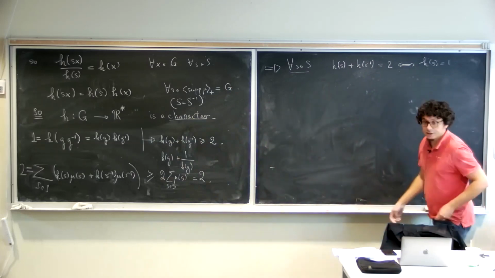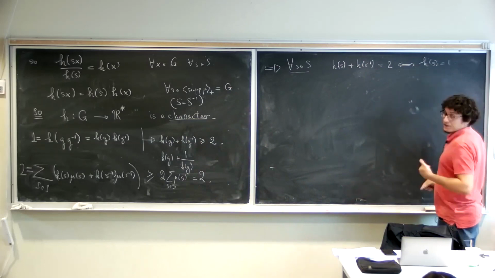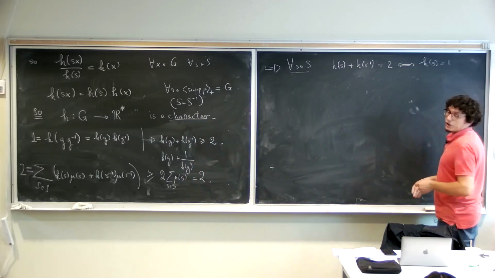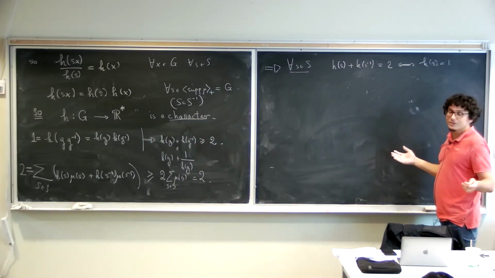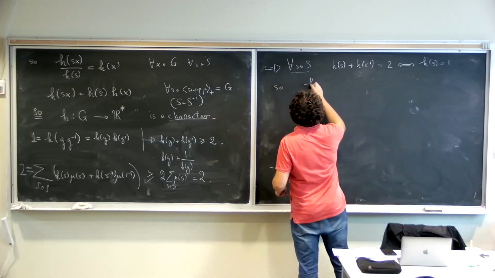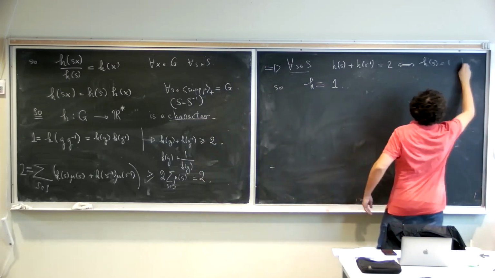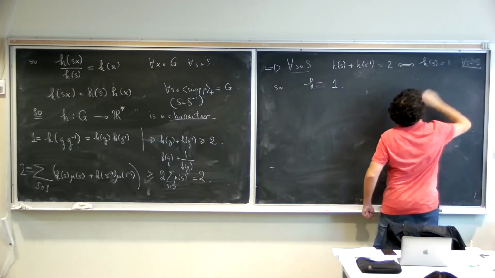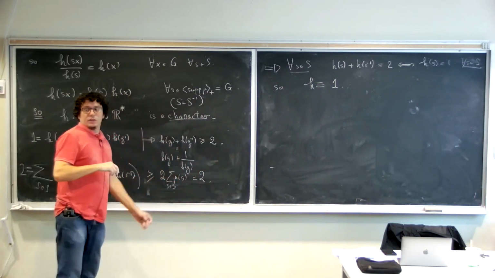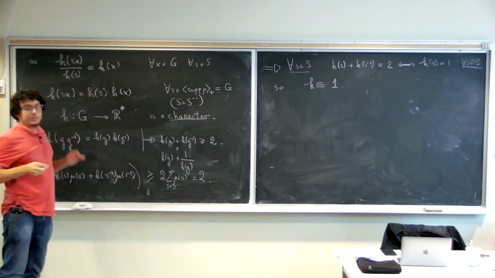So what's the upshot? The upshot is that H is a character that is 1 on each generator. So H is identically 1 on every S, and it's a character, so it's a homomorphism. So it's in the kernel of this one.